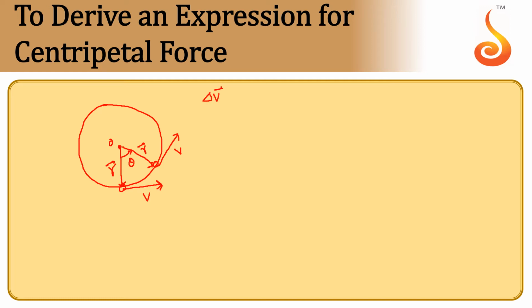So change in velocity is equal to v final minus v initial. Let us draw this in a vector representation. v final will be this side, whose magnitude is v only, but direction differs compared to v initial.